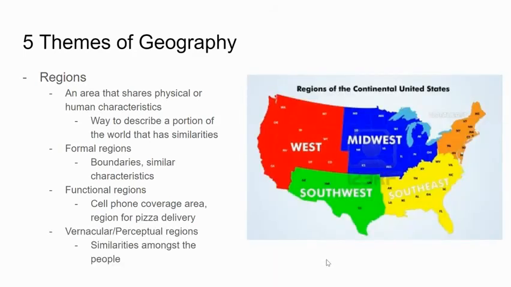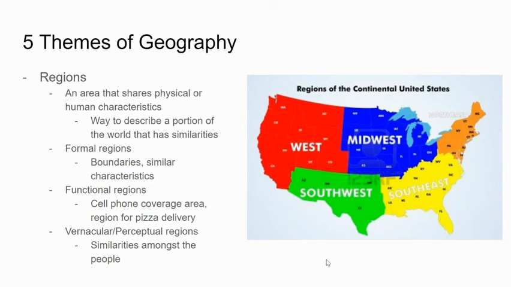And the final type of region is two words: vernacular regions or perceptual regions. This is kind of when we generalize certain parts or certain areas based off of a commonality of people. It's not an official line that's drawn.